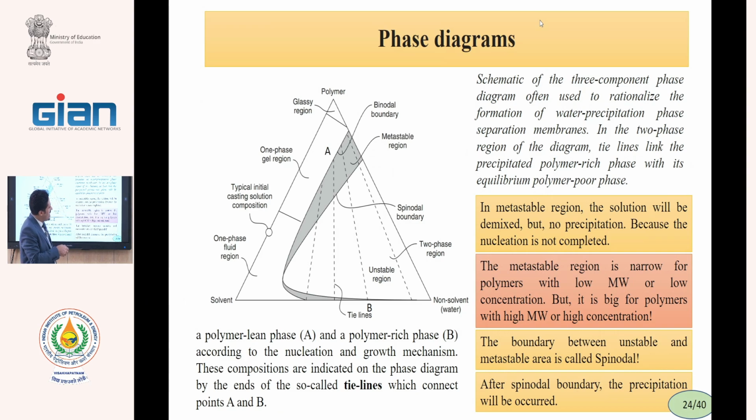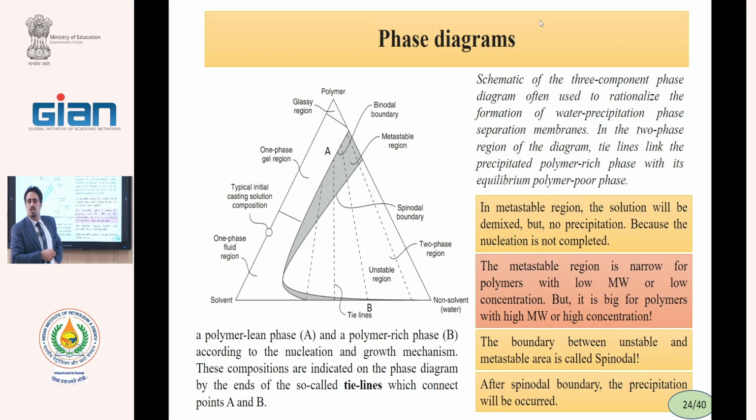We have some regions in this diagram. This is the glassy region, this is the gel region, and this is the one-phase uniform region.